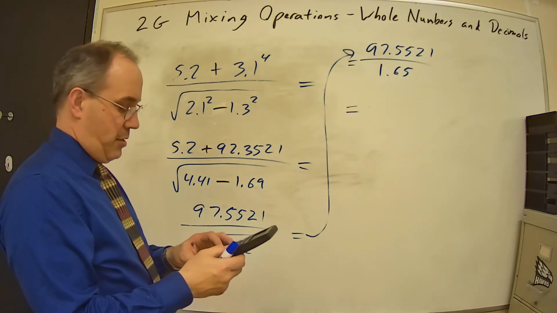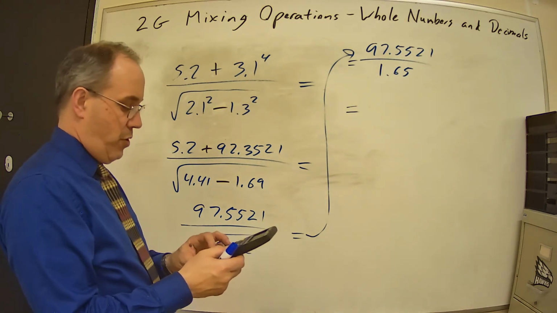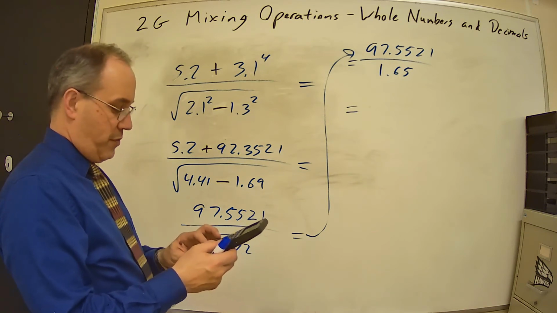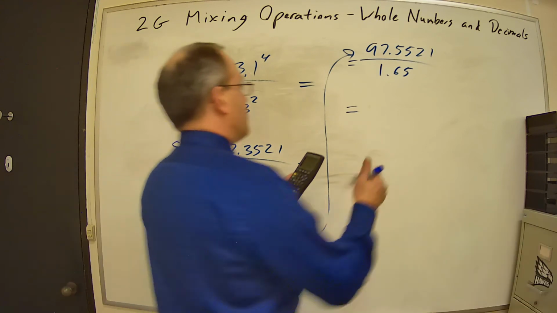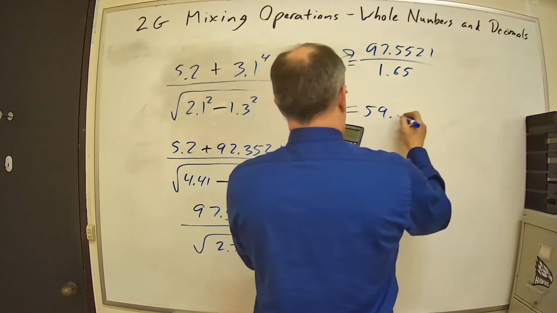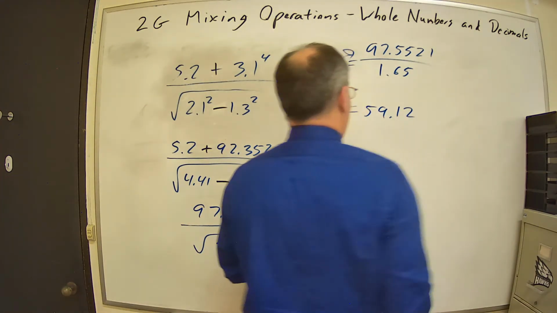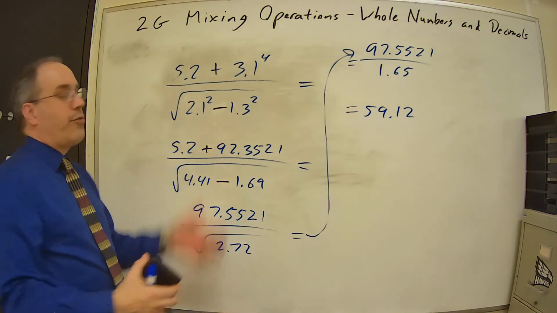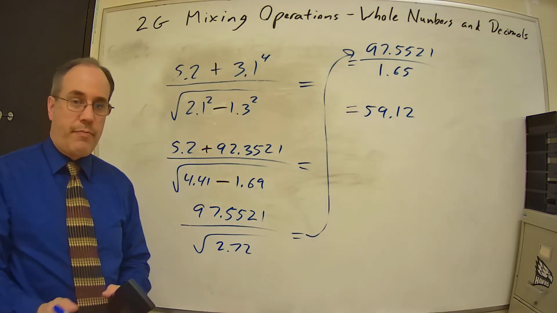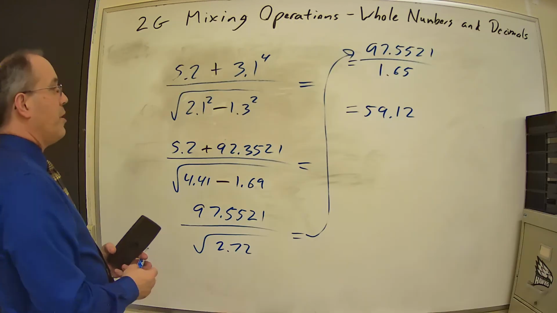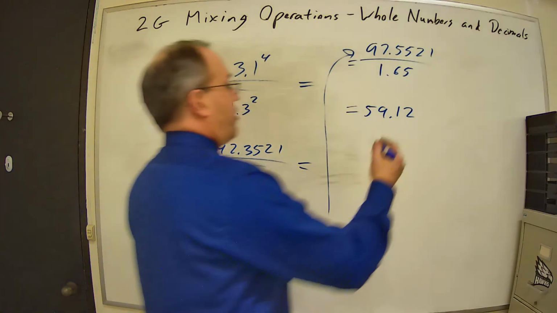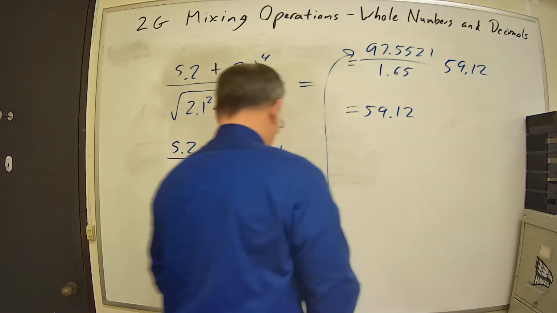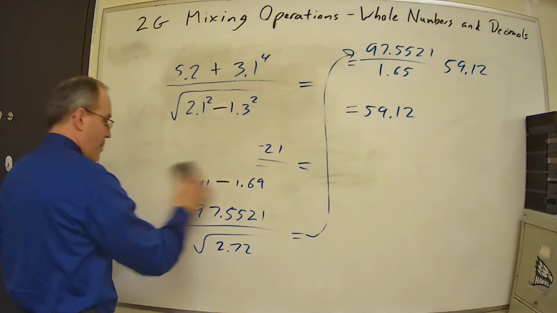So 97.5521 divided by 1.65 gives me 59.12 approximately. So that's plugging it through step by step. I'm going to put that answer off to the side here, 59.12, and I'm going to erase my steps along here.